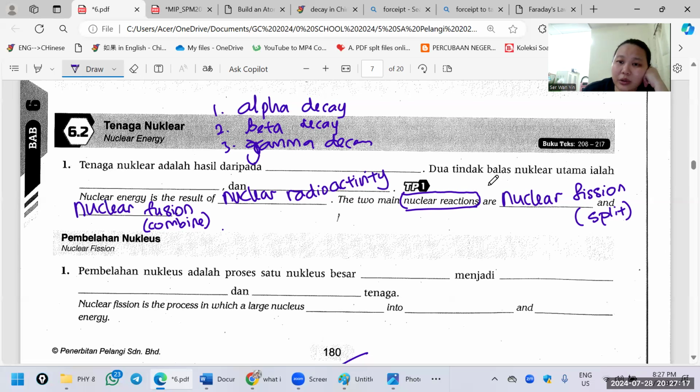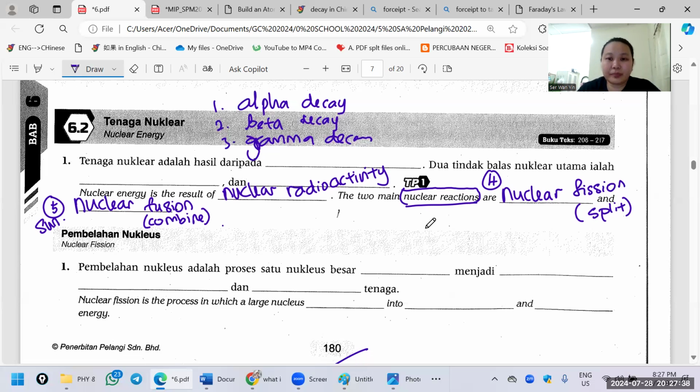So we normally use number 4, nuclear fission. Number 5 is our sun. We normally use number 4 to produce heat energy, to turn water into steam, and the steam turns the turbine and generates electricity.